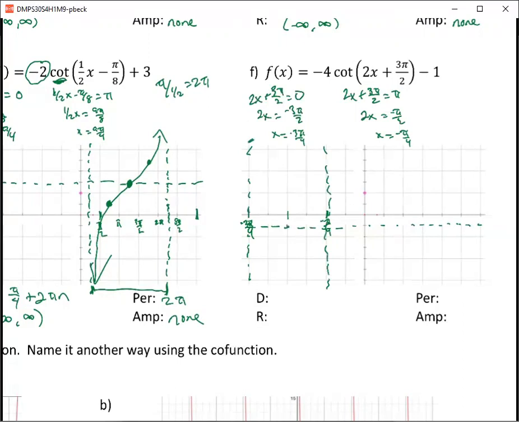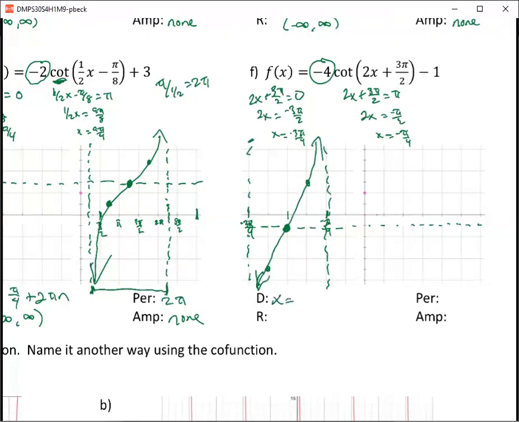Halfway in between those is my equilibrium. And then this is a negative 4 cotangent. So just like I mentioned before, this would be a positive 4 cotangent graph, but we want a negative 4, which is going to look like a tangent graph. So it's very, very stretched out.